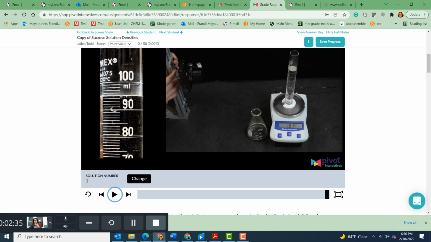So, sucrose solution. In order to get the mass of the sucrose solution, you have to subtract the weight of the empty graduated cylinder from this mass. So we know at the beginning we noted the mass of the empty graduated cylinder is 80.4. So in order to get the mass of the solution, you subtract 80.4 from 181.4.